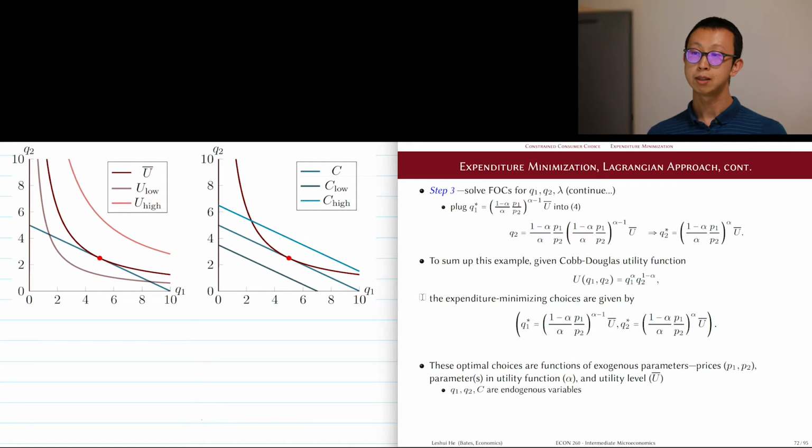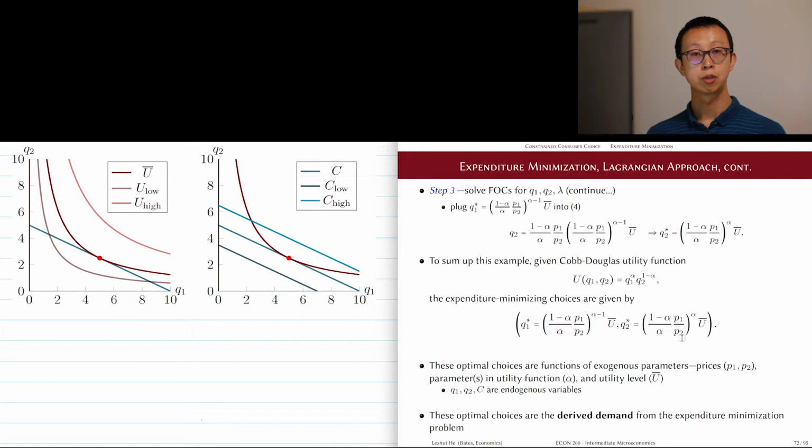In fact, this is why the demand functions we found as the solutions to the expenditure minimization problems look very different from those we derived from the utility maximization problem with a Cobb-Douglas utility function. If you remember, for the Cobb-Douglas utility function, the demand we derived back then is that Q1 is going to be alpha share of the budget Y divided by the price P1, and similarly for Q2.